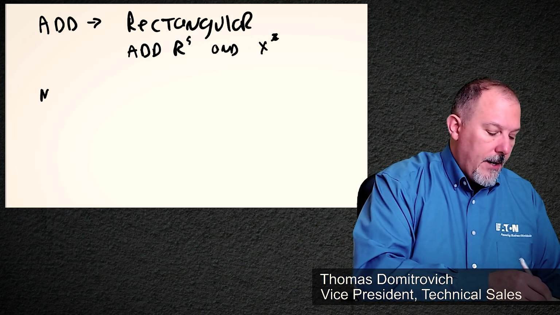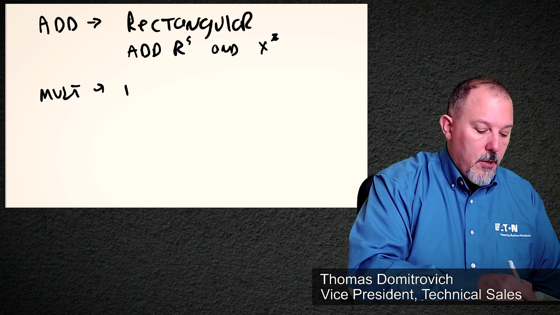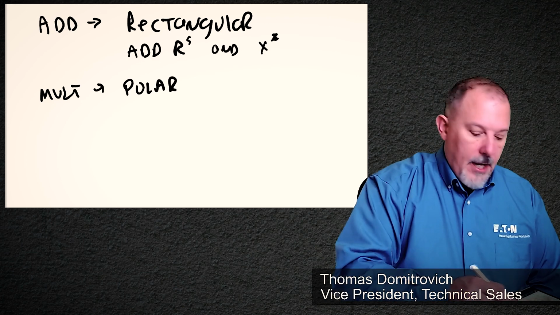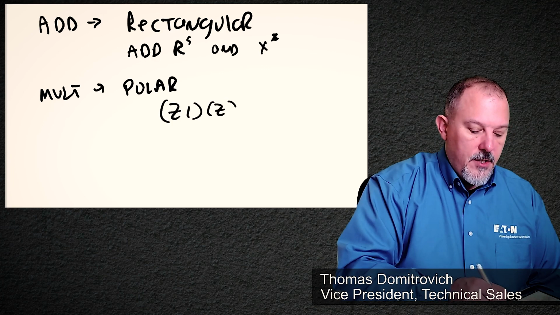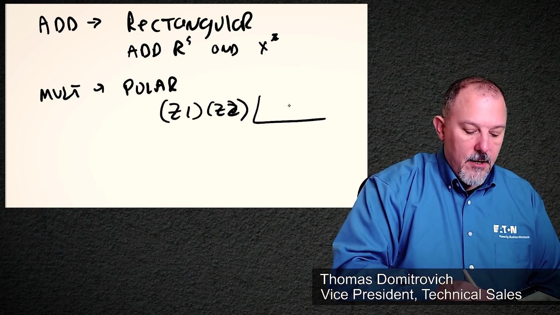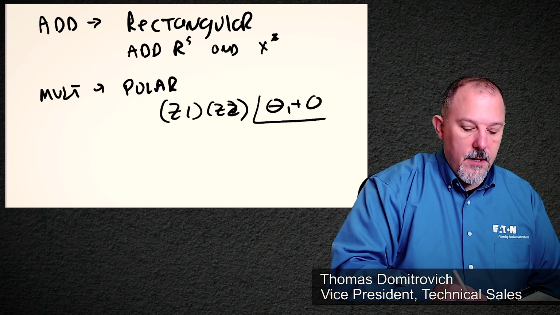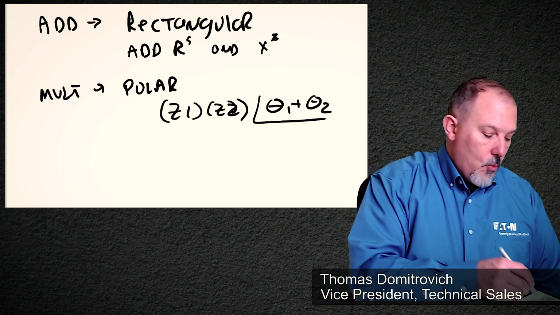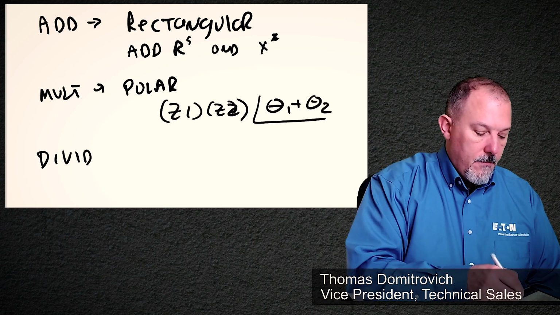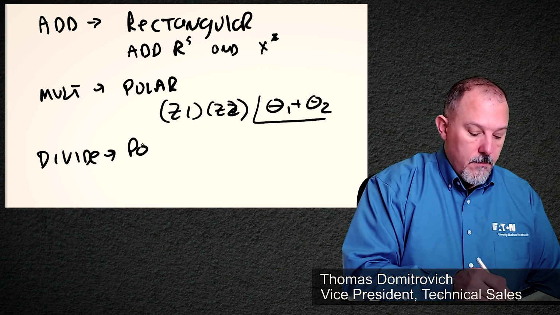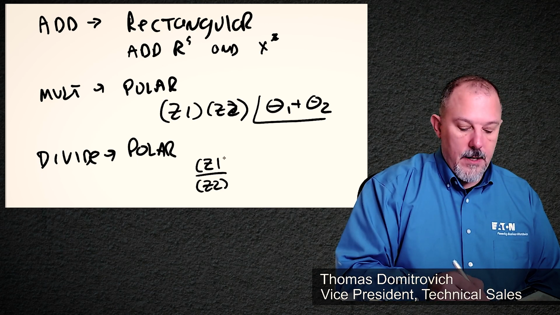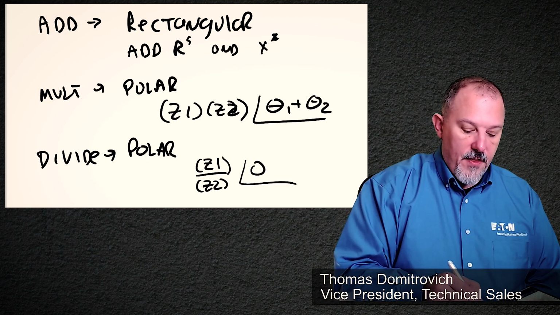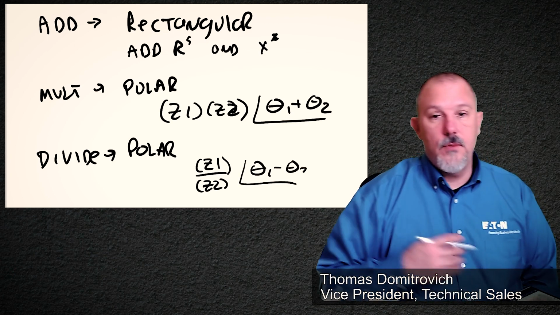When you multiply, you're going to want to use polar format, and you take Z1 times Z2 at an angle of theta 1 plus theta 2. When you divide, you use polar coordinates, and you take Z1 divided by Z2 at an angle of theta 1 minus theta 2.